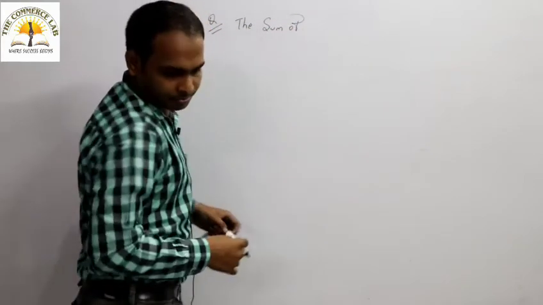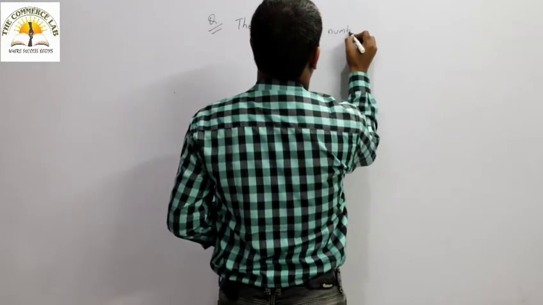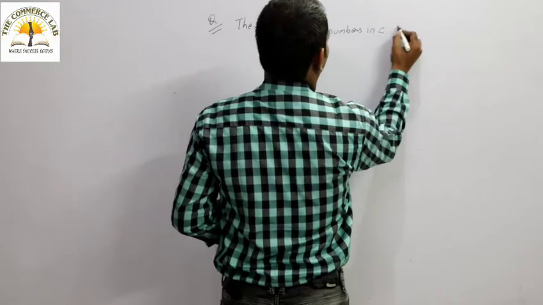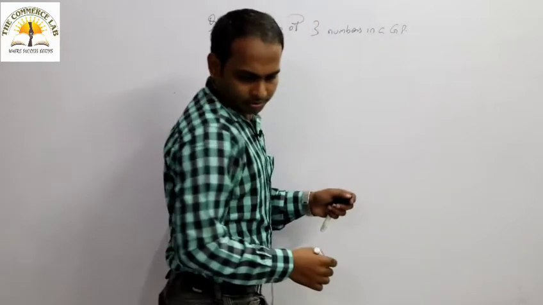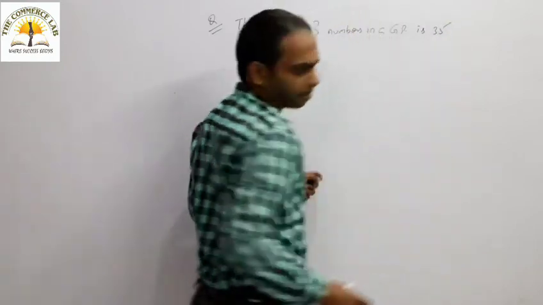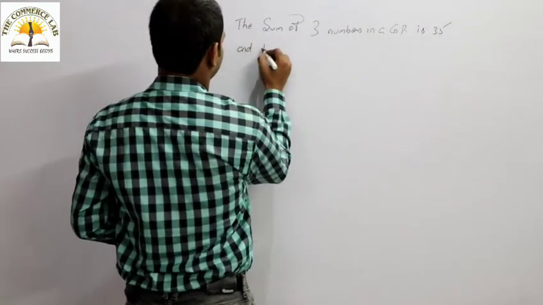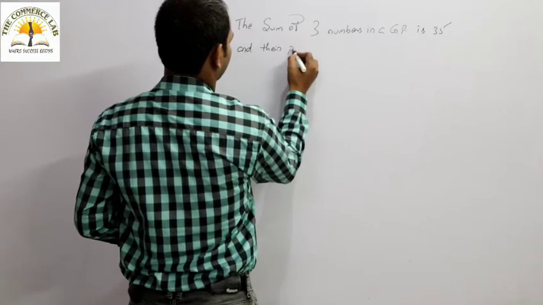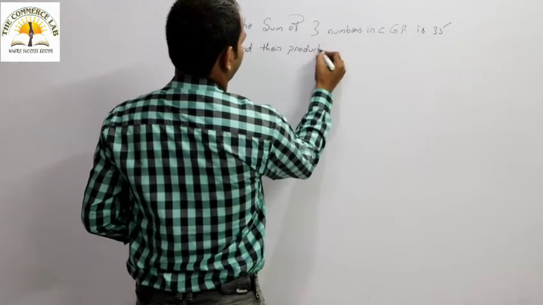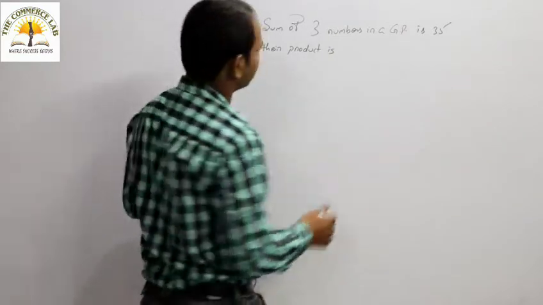The sum of 3 numbers in a GP is 35 and their product is 1000.